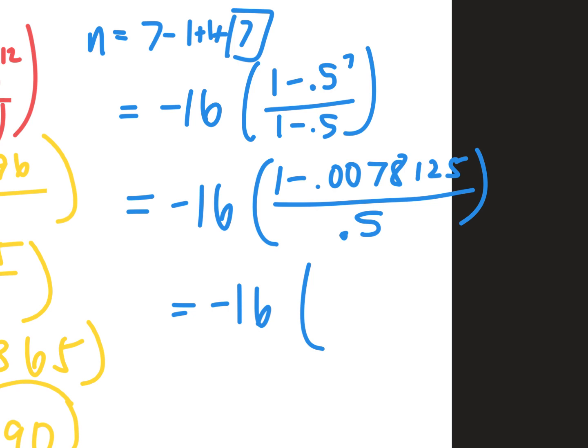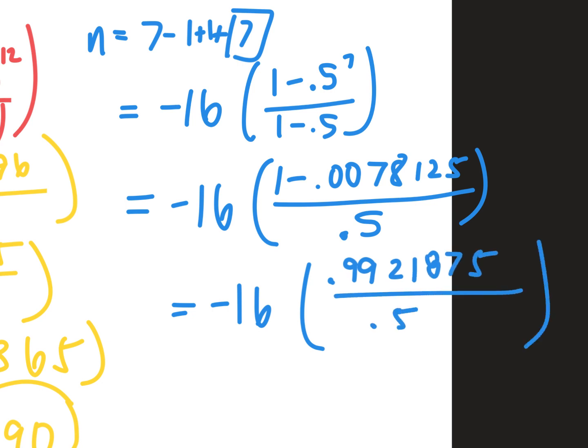Be careful when you put this in your calculator. Make sure you get all your zeros and stuff right. What do you guys get? Point what? 0.992185. Divided by 0.5. Okay, that's okay. That's fine. So go ahead and divide that by 0.5.